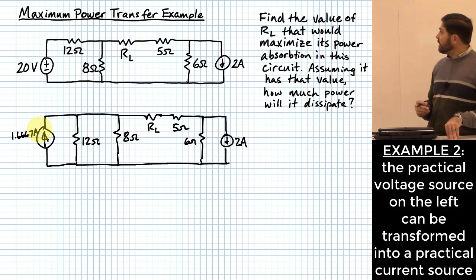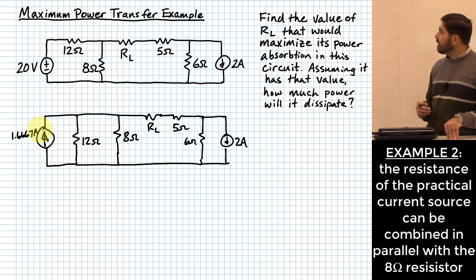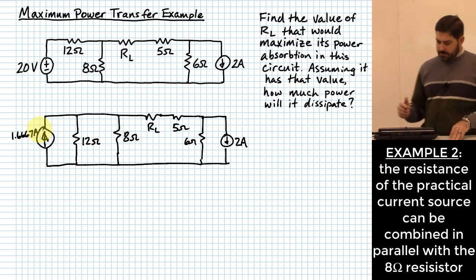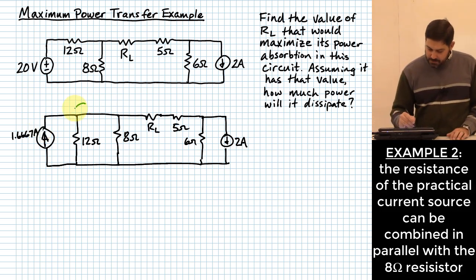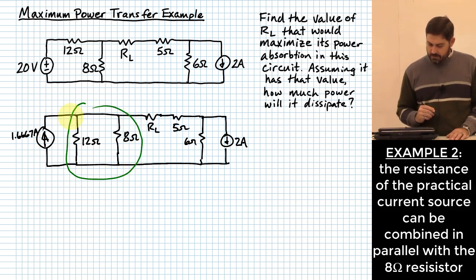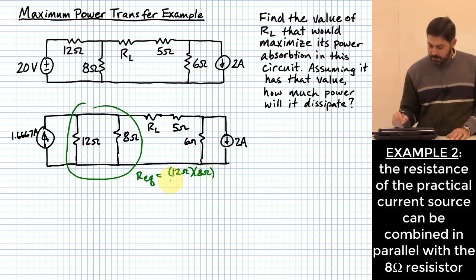Now what does that allow me to do here? Can I combine these two resistors right here? If so, what do I do? One way to do it is you can take 12 ohms times 8 ohms over 12 ohms plus 8 ohms.